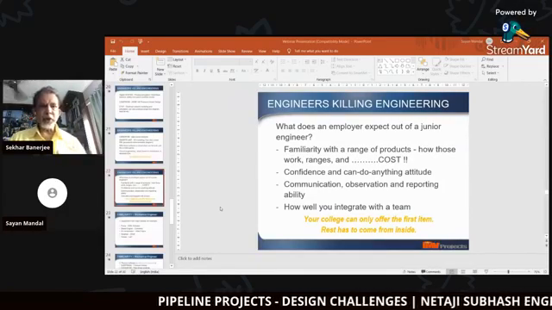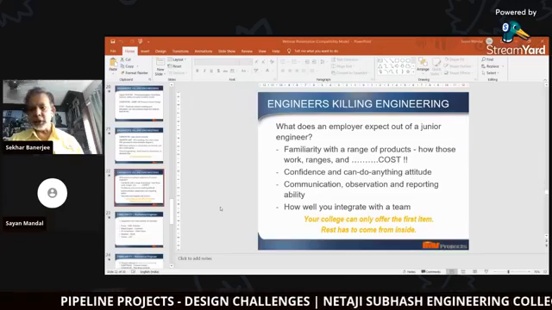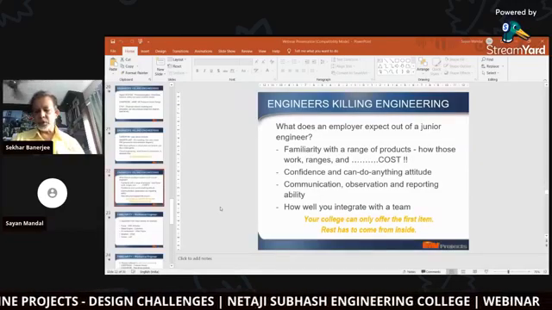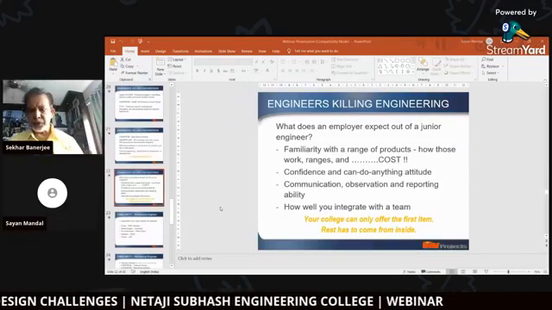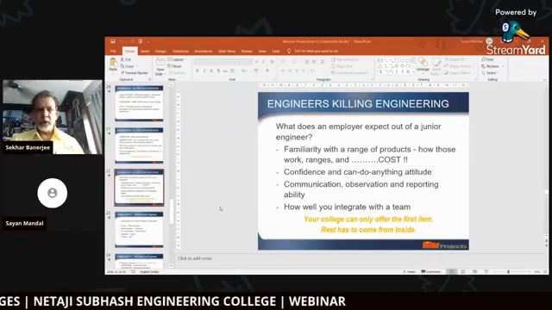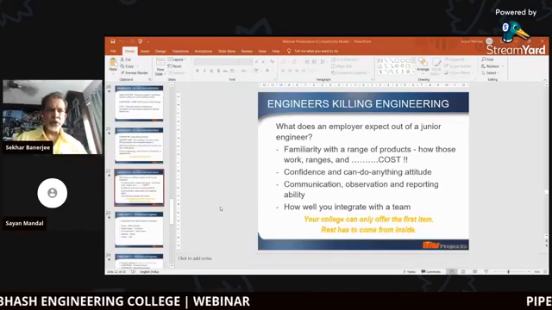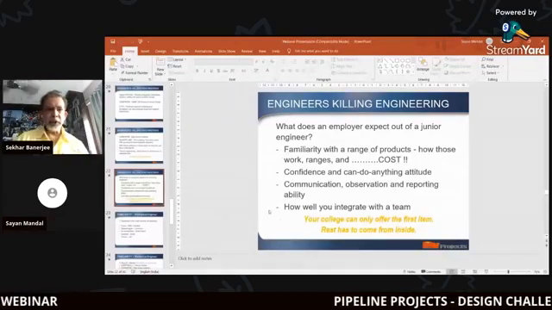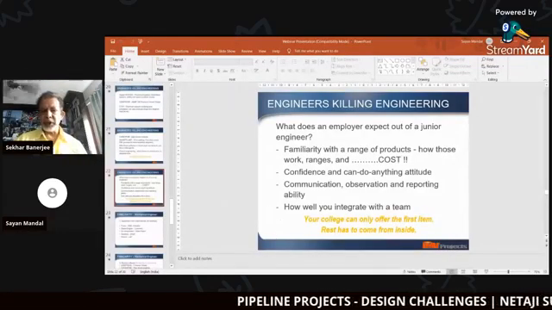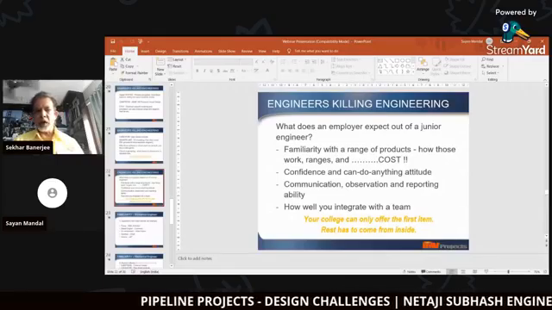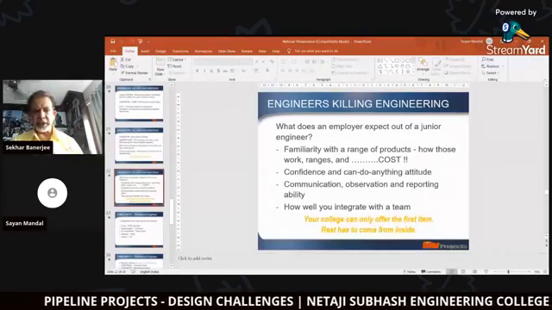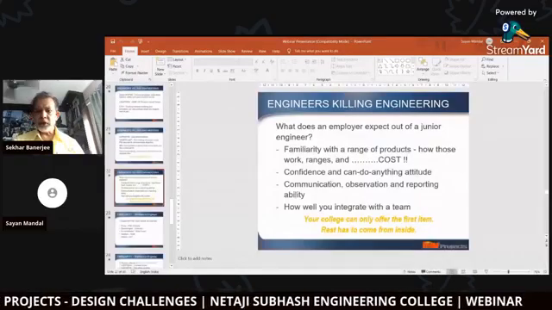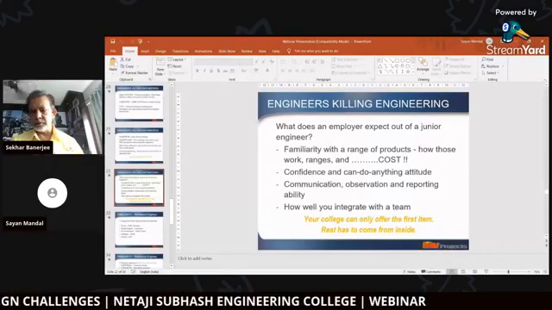Here, an employer looks at a junior engineer during interview and he wants to really assess that, does he fit into our family? Now, out of those 4 things I told you, familiarity with the range of products, I can do anything attitude, communication, and how you fit into the family, how you integrate there, your engineering college will only give you the first one.